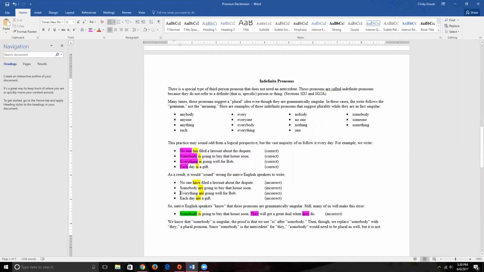Everything are going well for Bob. Every day are a gift. Each day are a gift. So we know instinctively, intuitively, that this is the right way and this is not correct. Each one of these verbs is singular, at least in how we form our sentences, even though the meaning is plural.